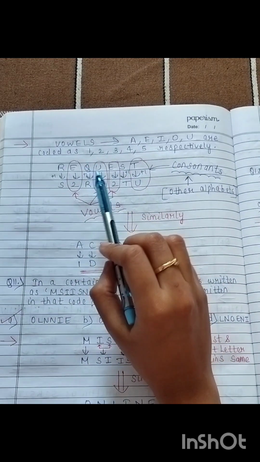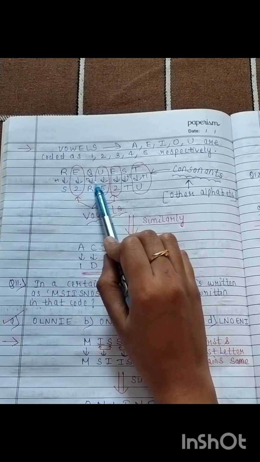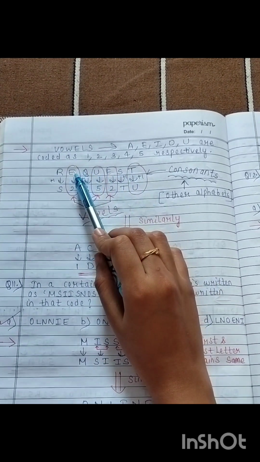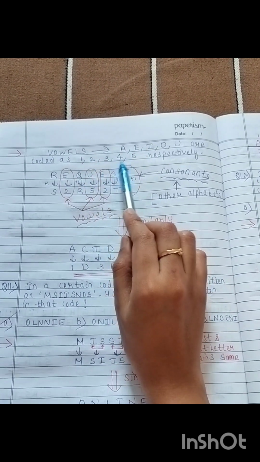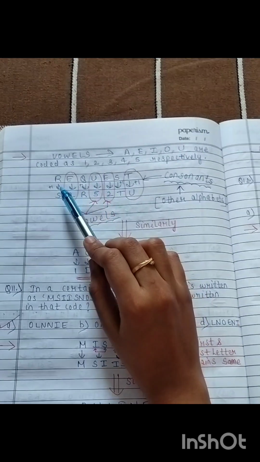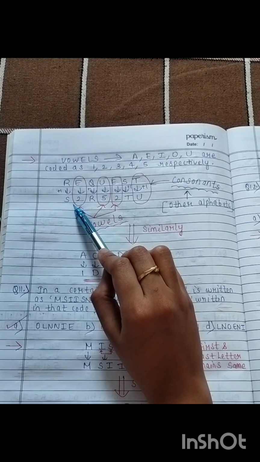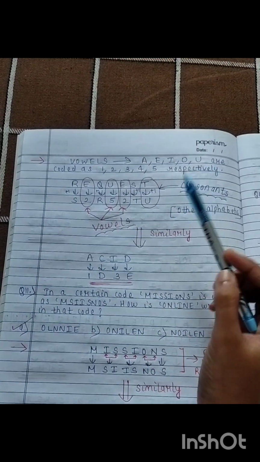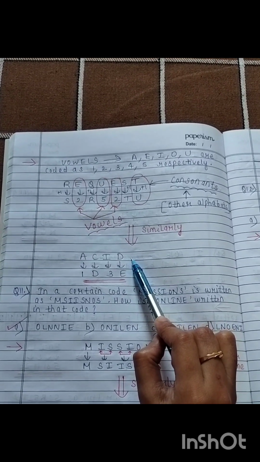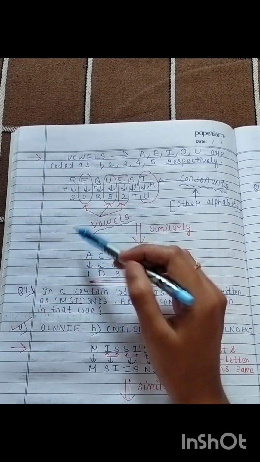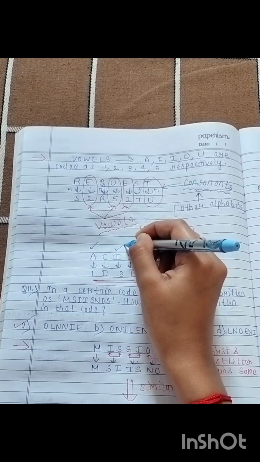So what is the logic here? To all the vowels present in this word, they have coded 1, 2, 3, 4, 5 respectively, and for all other consonants in the word, they have added plus 1. That's why you get this. Similarly, you need to do it for ACID. Now in ACID, which are the vowels? A is a vowel and I is a vowel.